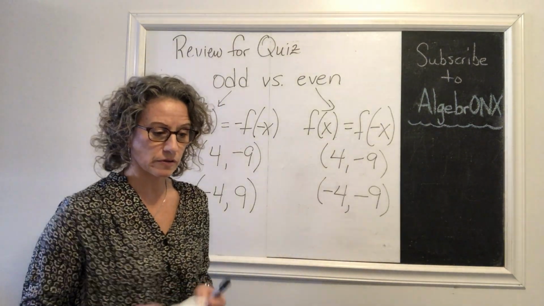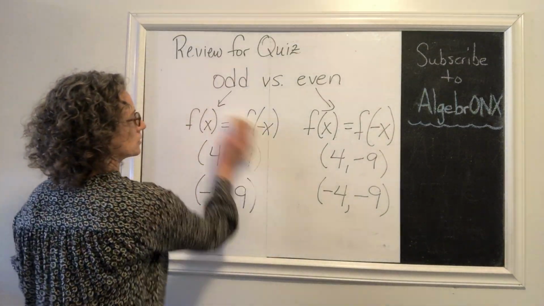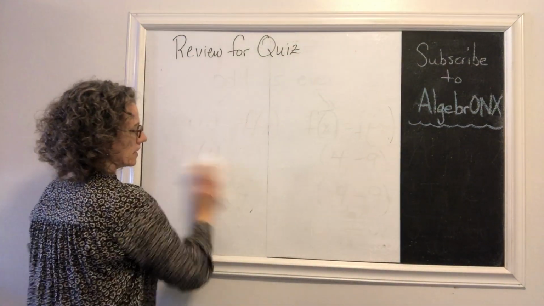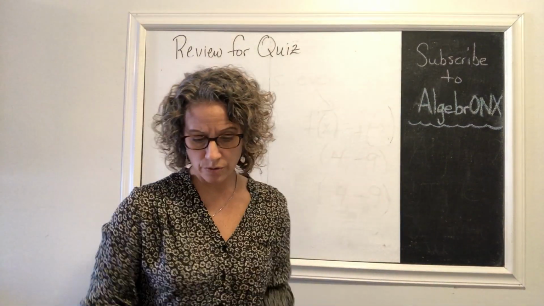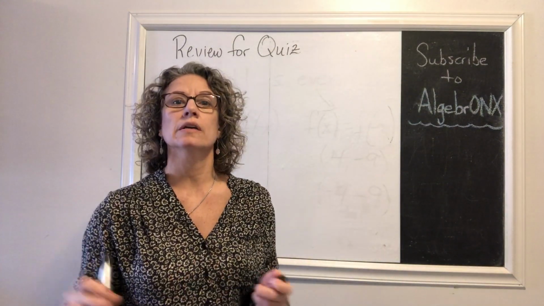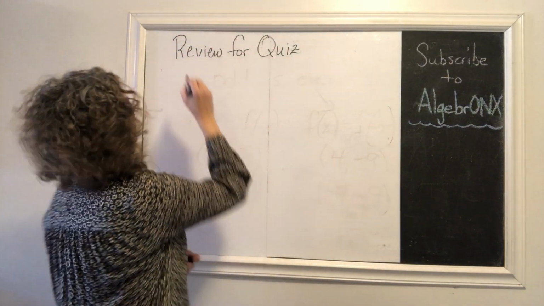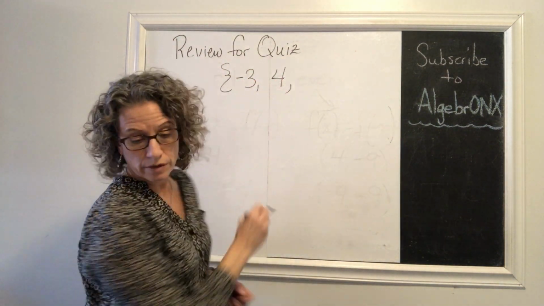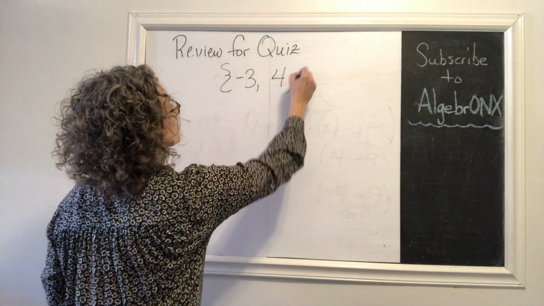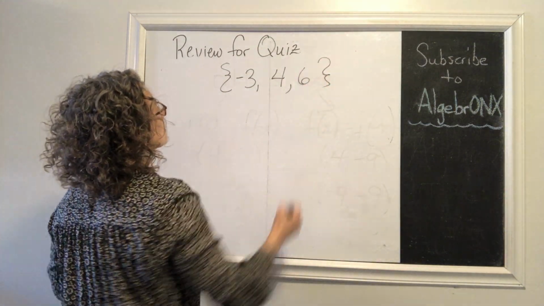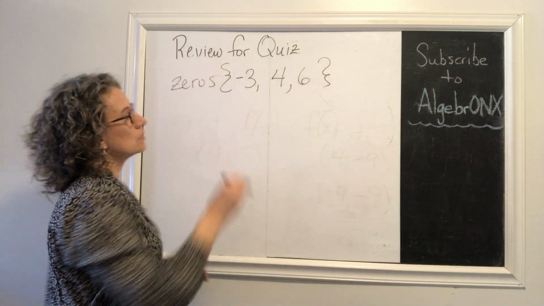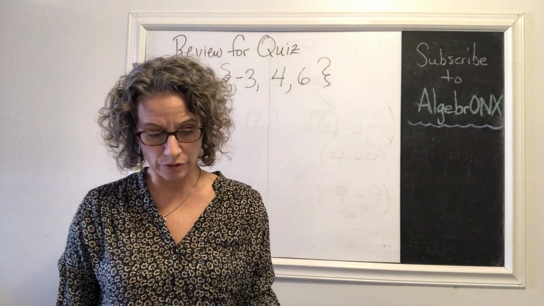Next, zeros of a polynomial function. If I give you the zeros of a polynomial function as -3, 4, and 6, and I tell you that these are the zeros, how could I write the polynomial function?